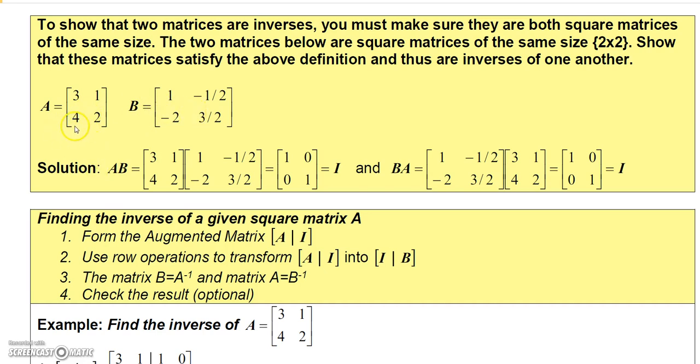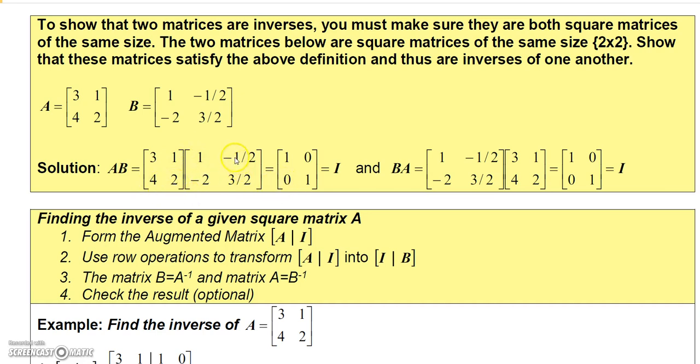So here, to show that A and B are inverses, I just multiply them together. Let's do that real quick. This row times this column would give me 3 minus 2, which is 1. This row times this column would give me minus 3/2 plus 3/2, which is 0. And then this row times this column would give me 4 minus 4, which is 0.